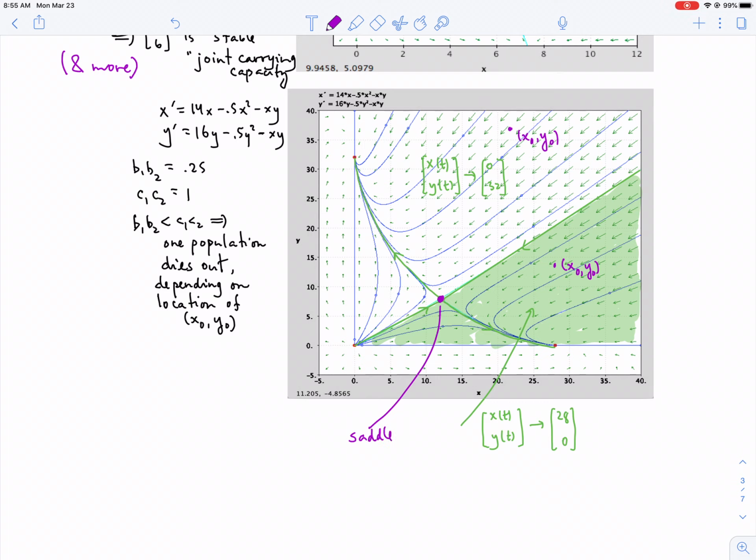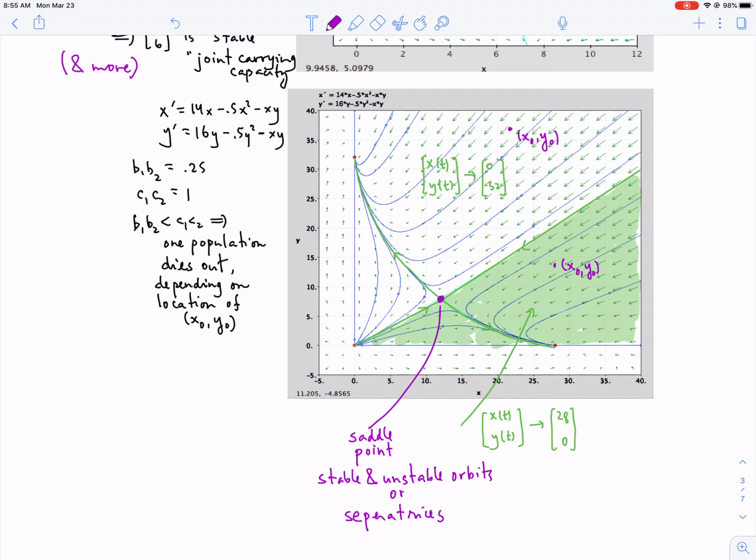They're called stable and unstable orbits, or separatrices.